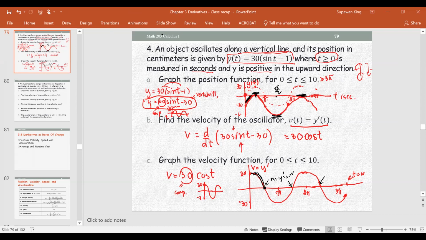Between the first 0 and the next 0, the graph is decreasing and the slope is negative. Between the second 0 tangent and the third 0 tangent, the graph is rising, going up, and then hits 0 and goes back down again because it is decreasing.